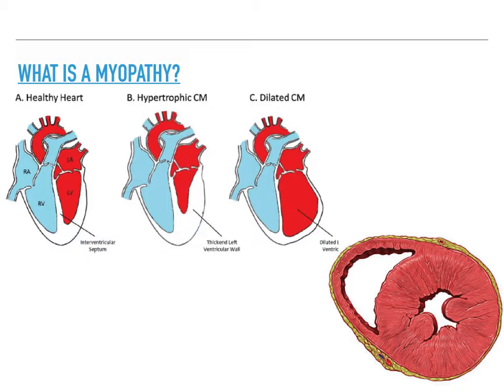The middle is more of the common one we think of or see when we think of myopathy or cardiomyopathy, and it's the hypertrophic cardiomyopathy. This is the one we commonly see the most, where the left ventricle is hypertrophied. This doesn't only occur in the left; it also occurs on the right, but we've seen it more on the left.